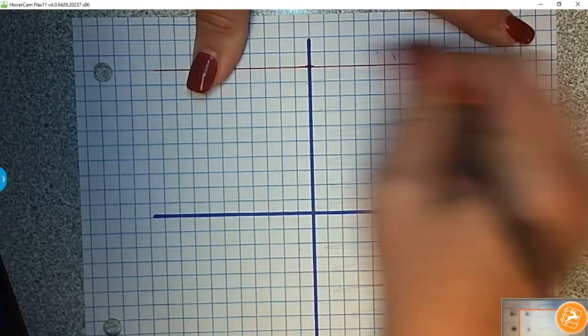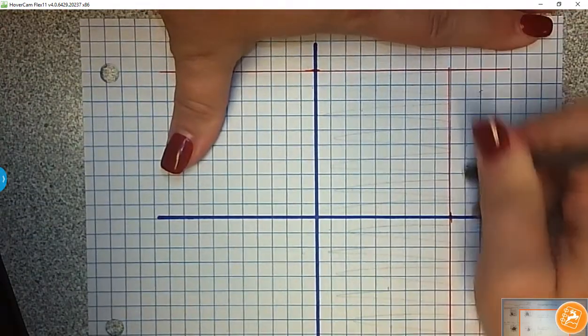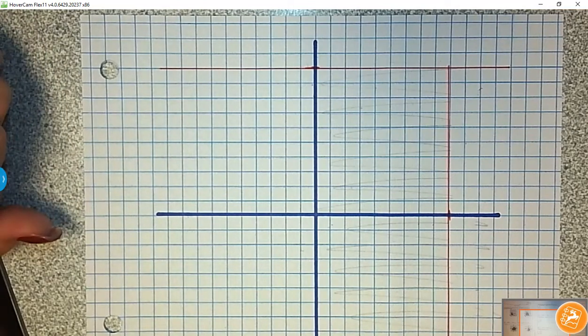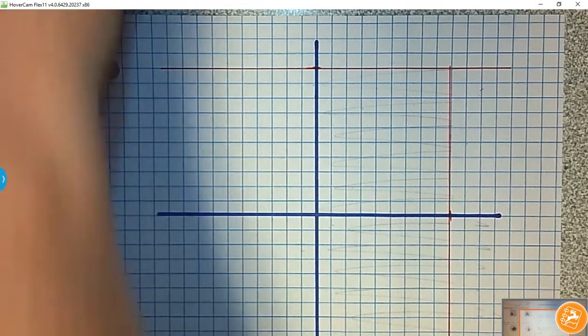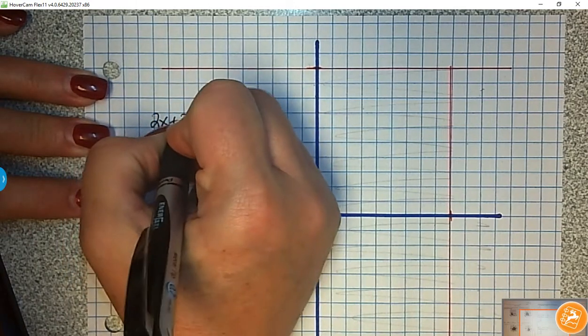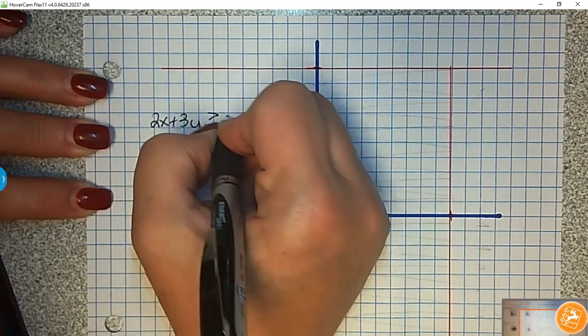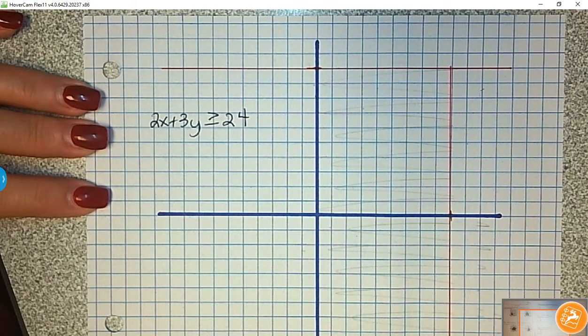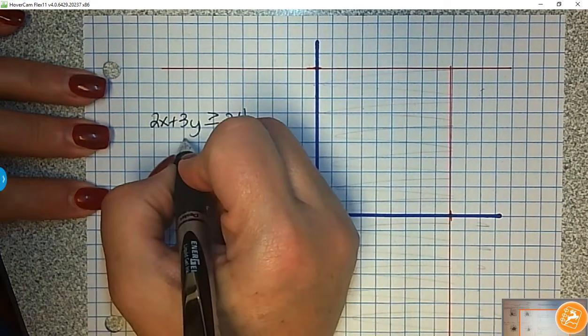I'm going to get rid of some of the extra here. And then the last equation they give me, I'm going to have to work on for a second. They give me 2x plus 3y is greater than or equal to 24. You've got to get that in slope-intercept form so you can graph it.